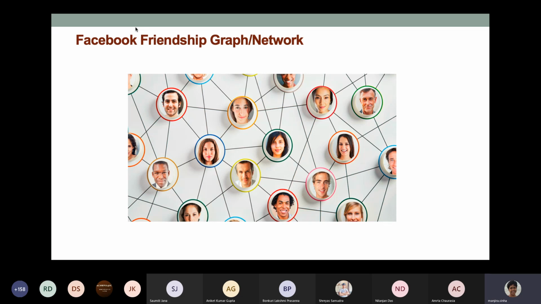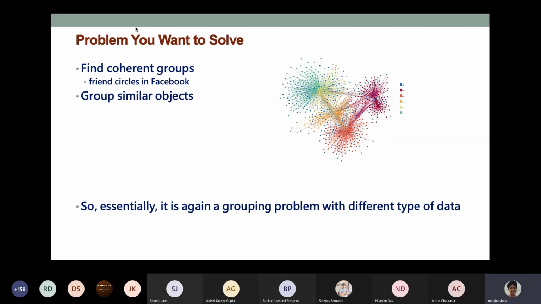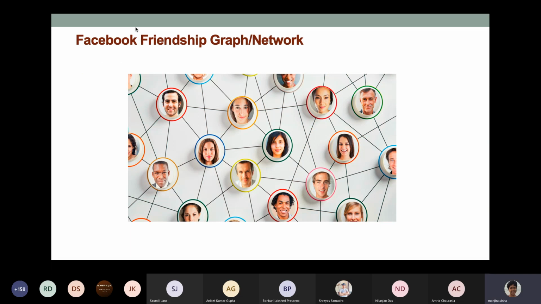So this is my Facebook friendship graph network. What do I want to do? What does Facebook do? Even in real life, you say that these are the different groups of friends that we have, but I like this group more than this.